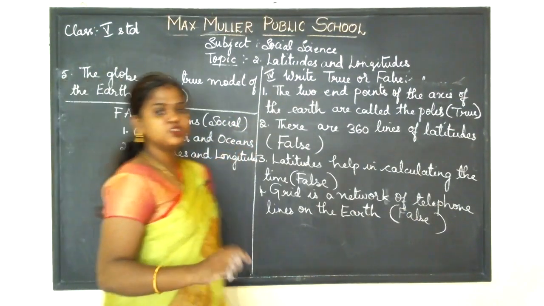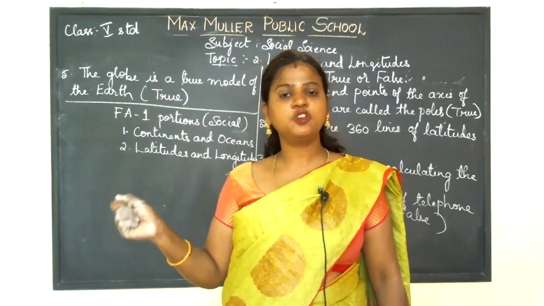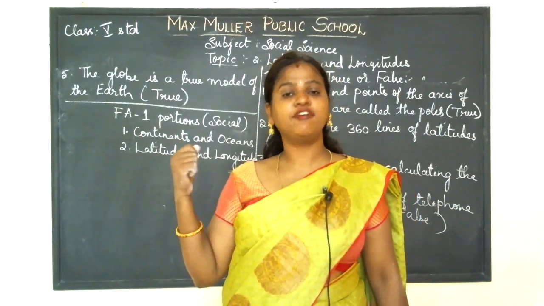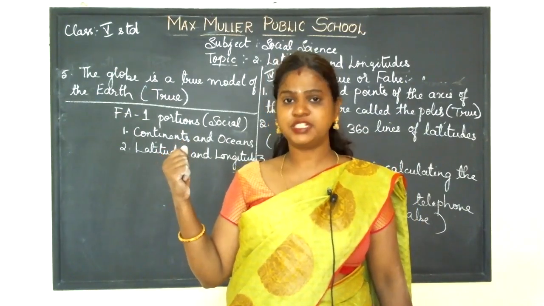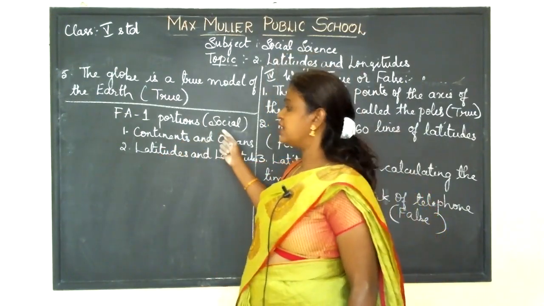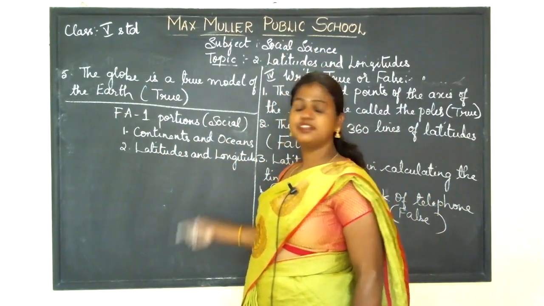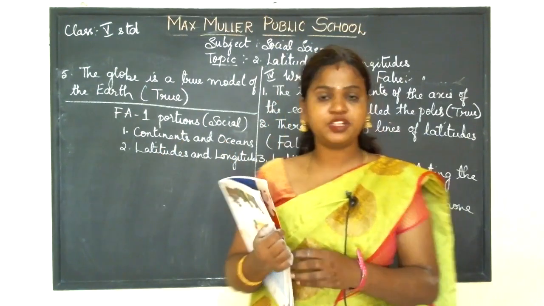Whatever I've given, copy it in the rough note and go through the objective types of the first and second lesson. You have to learn this because this will also come for your FA1 test.